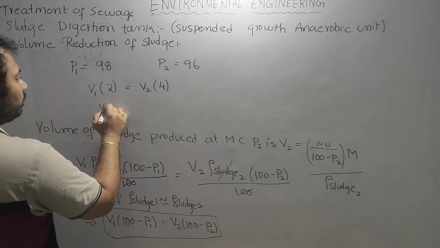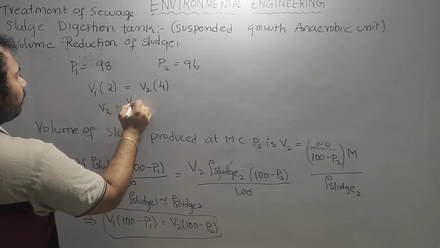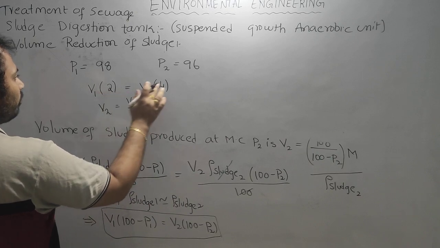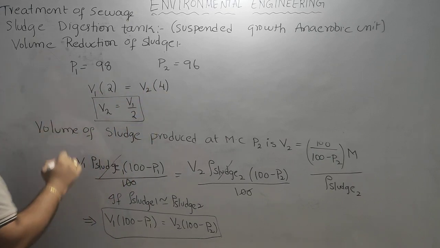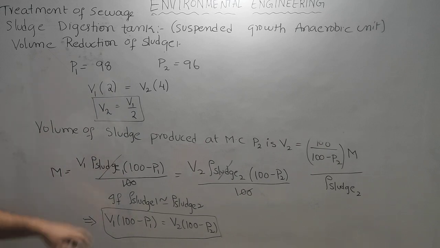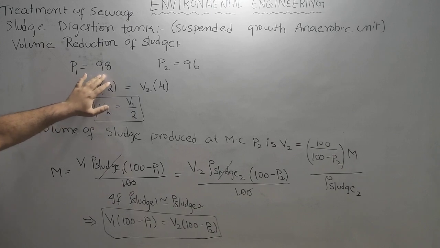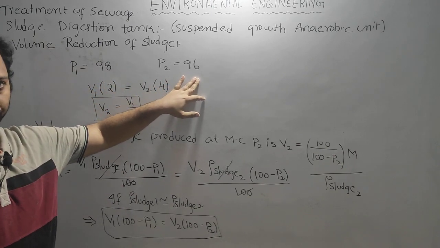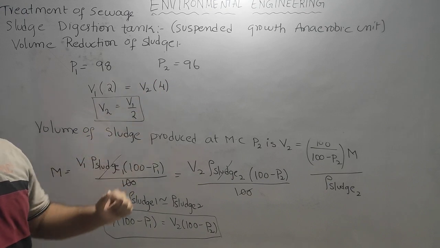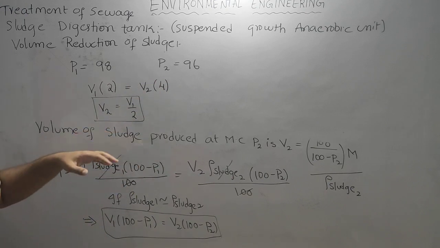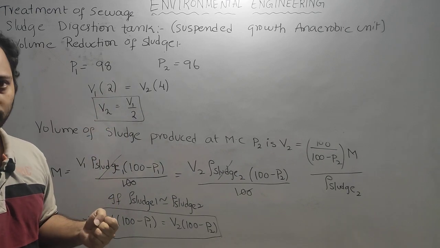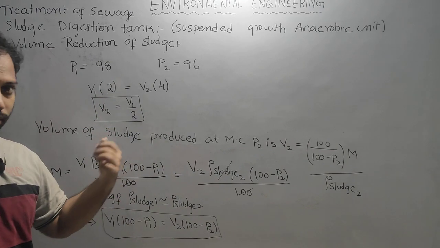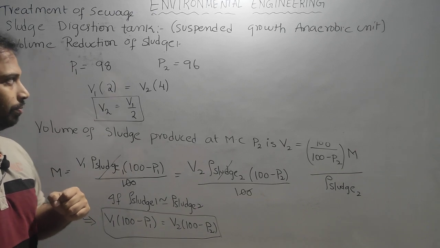Then V2 is equal to V1 by 2, since 2 by 4 comes here. That means the volume is reduced by 50%. Simply by reducing the moisture just 2%, the volume of the sludge has reduced by 50%. So how much volume of the sludge digester can we save? 50% means half of the initial value.